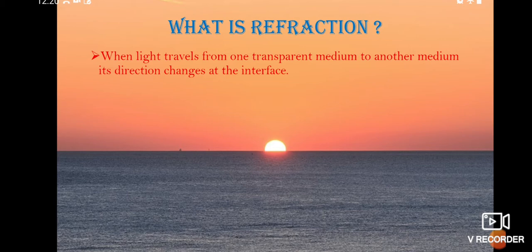So when the light ray travels from a transparent medium air to another transparent medium glass, at that time the direction changes at the interface. I will show the interface in the next videos. Okay, next slides. So this is the refraction. These are all about refraction of light at plane surfaces. Just we have to take this as recapitulation.